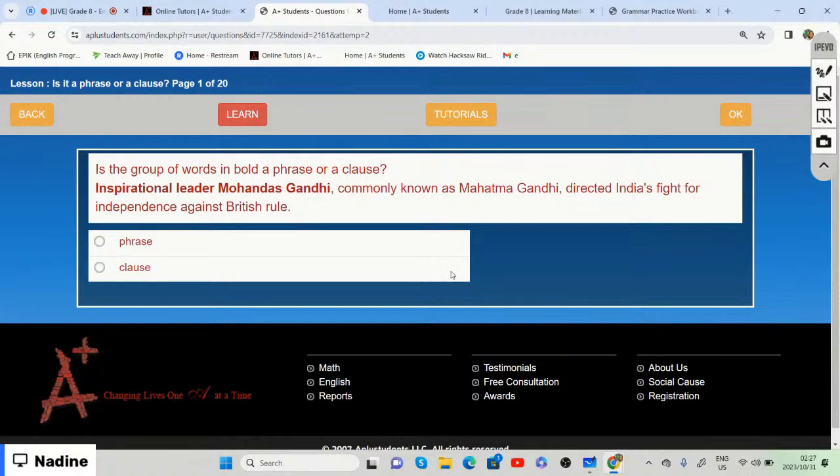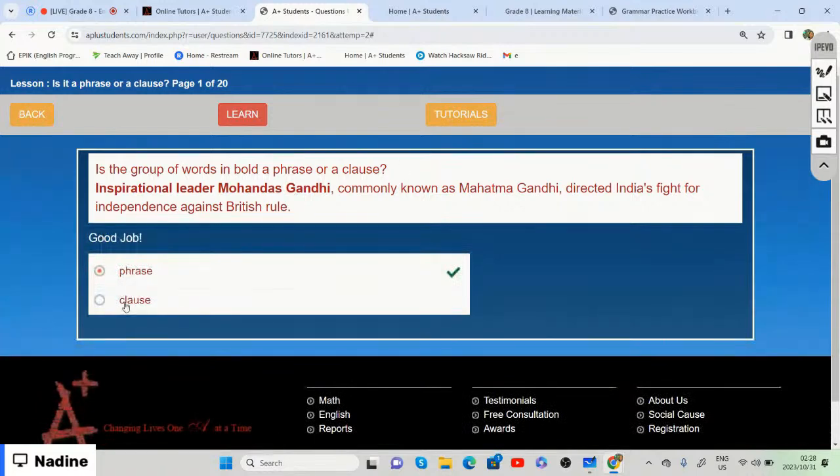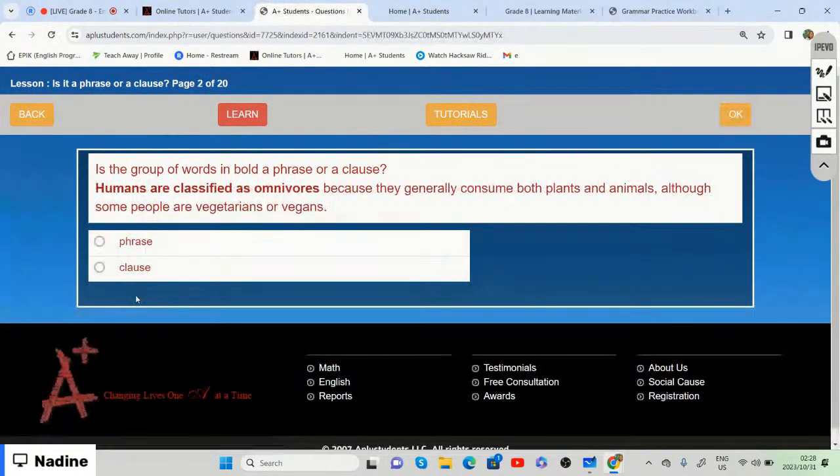We can say this is a phrase, because this cannot be a clause. Remember, we said a clause has both a subject and a predicate. So let's just stick to it being a phrase.